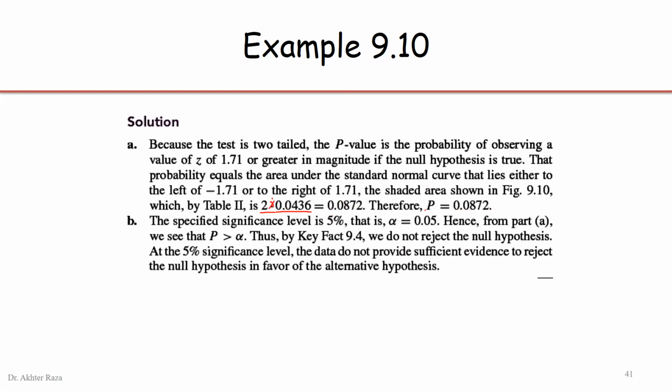This is the p-value. Then we have to compare 0.0872 with 0.05. The p-value is larger than alpha. We do not reject the null hypothesis, or in other words, we can say that we are accepting the null hypothesis.